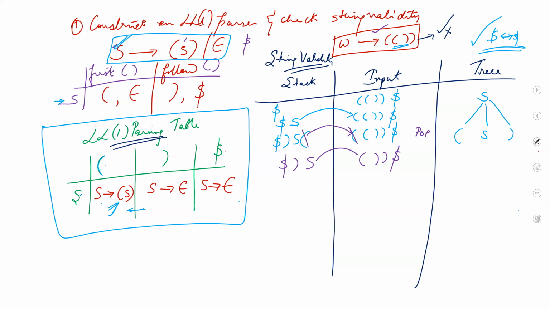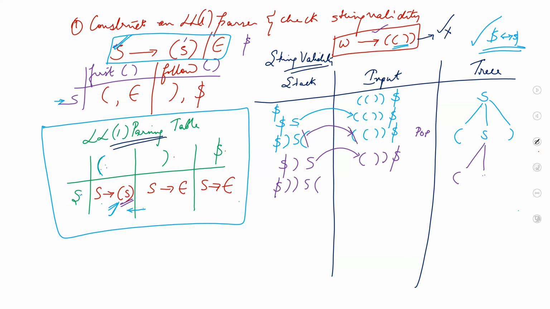S again encounters an opening bracket. So come back to your parsing table. S encounters an opening bracket, which means, S you will have to replace with this particular thing. The only thing is, you should write it backward. Okay, so you will replace S with this backward fashion thing. Come to your tree.